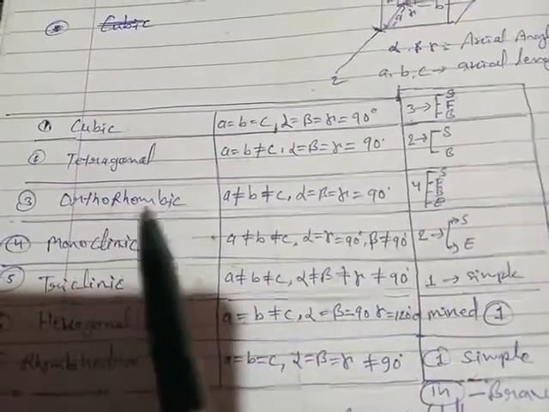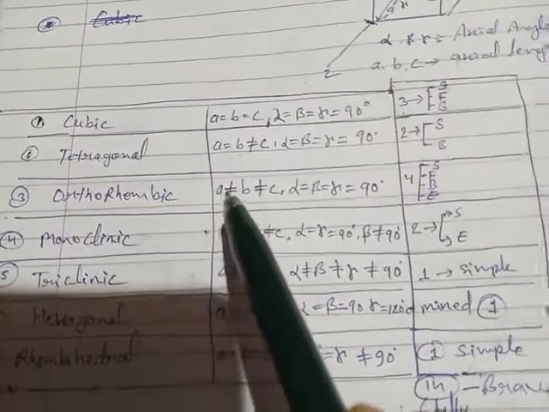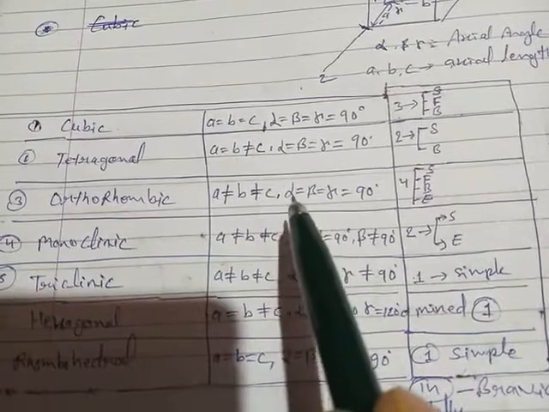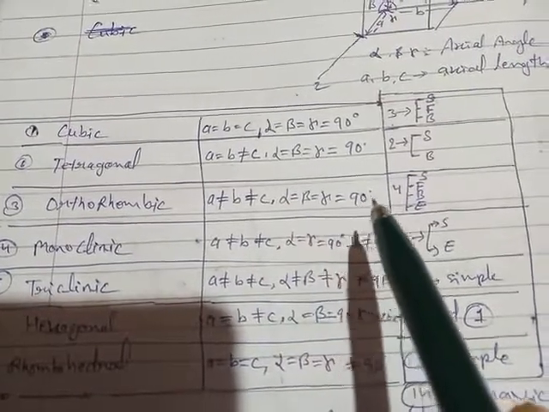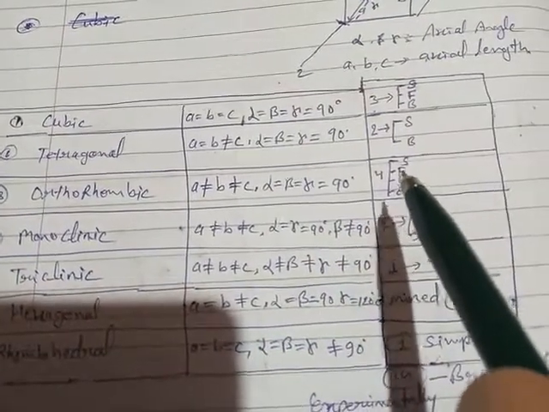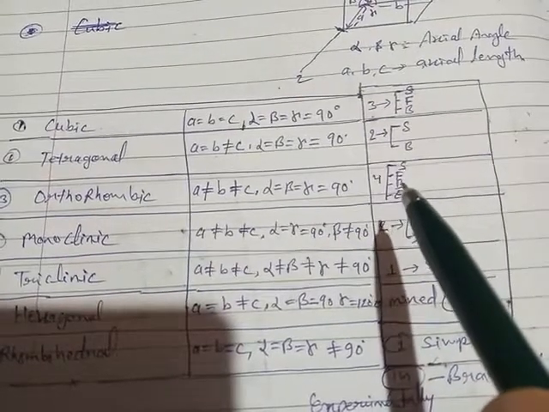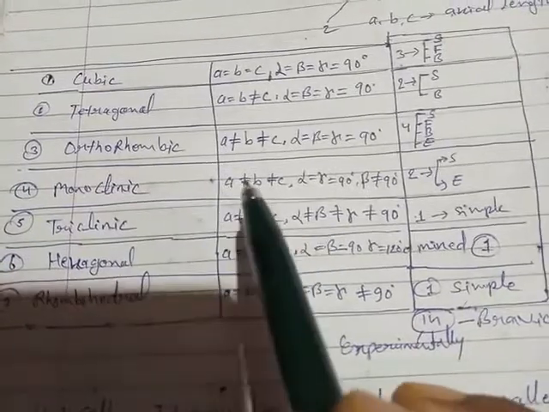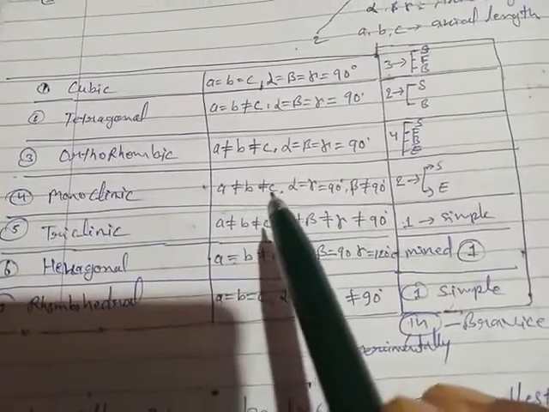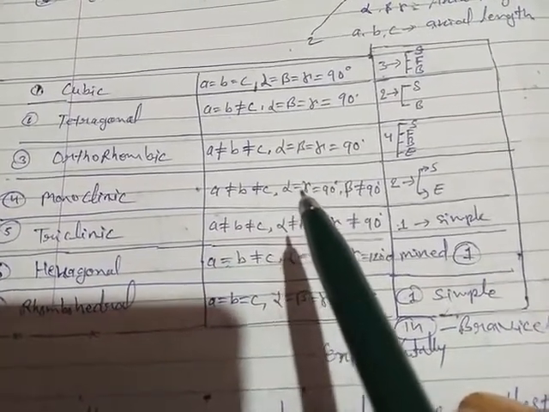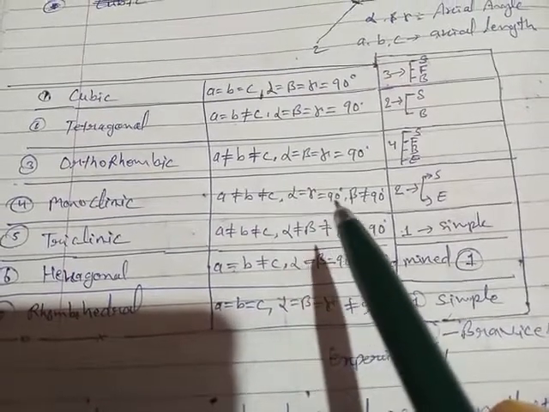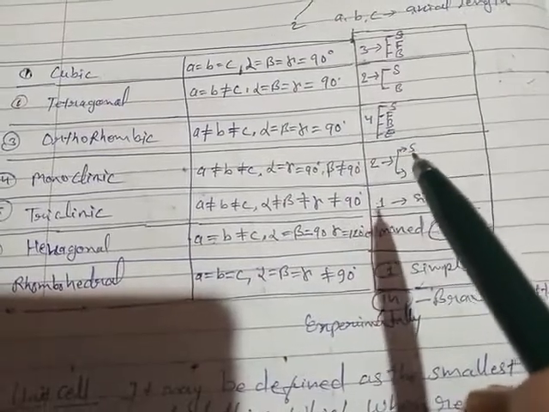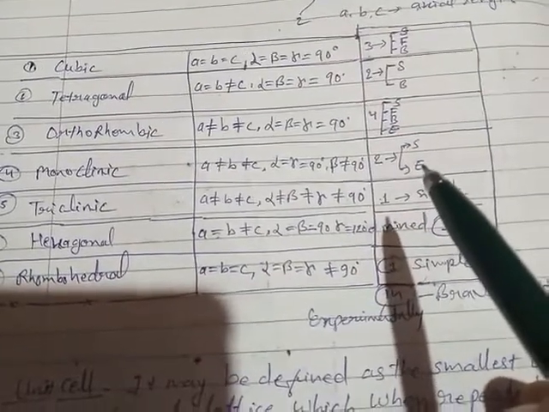And to form the orthorhombic structure, the sides are a not equal to b not equal to c, alpha = beta = gamma = 90 degrees. Four types of unit cell we require: simple, FCC, BCC, ECC. And in monoclinic, a not equal to b not equal to c, alpha = gamma = 90 degrees, beta not equal to 90 degrees. Two types of unit cell we require: simple and ECC.